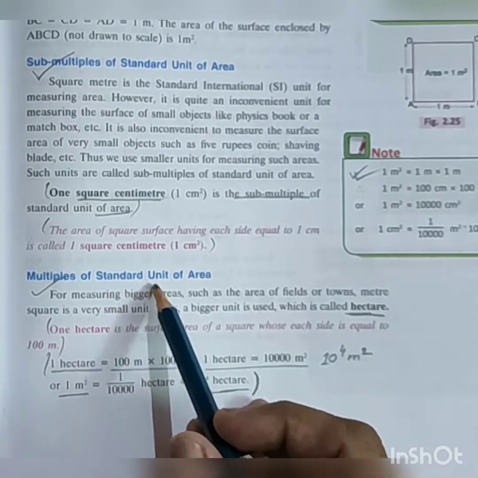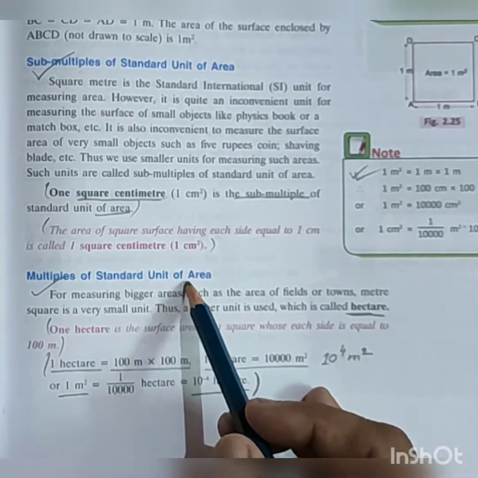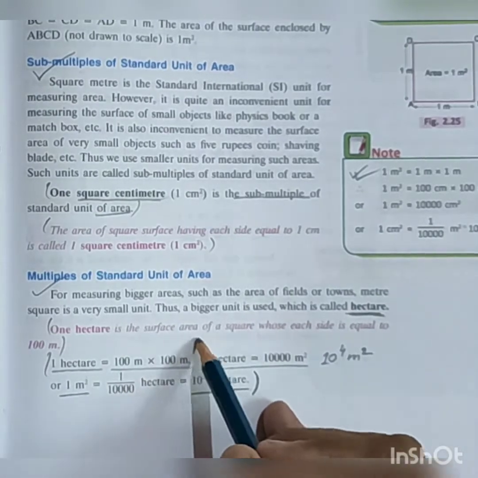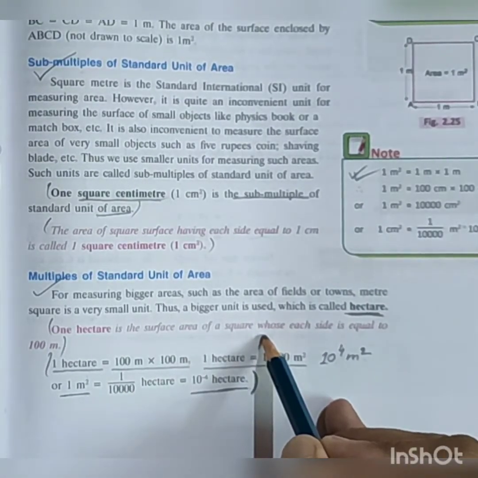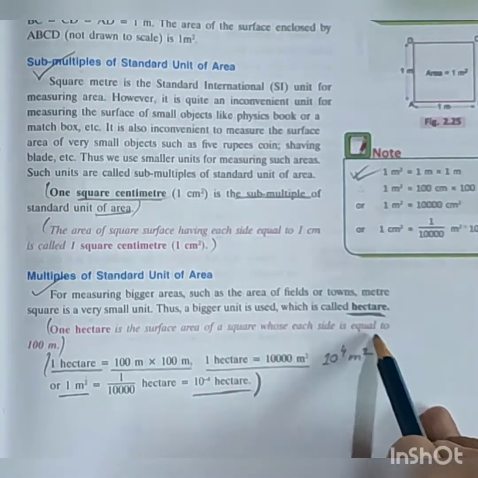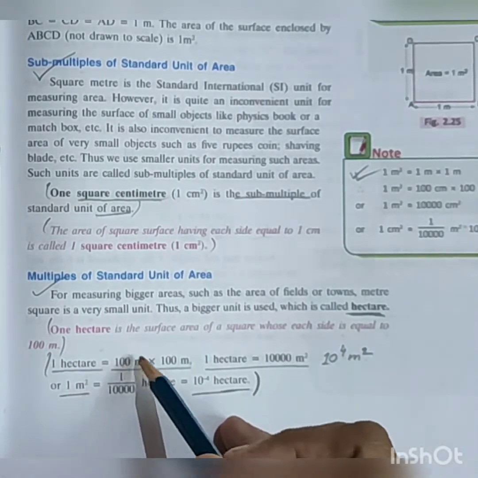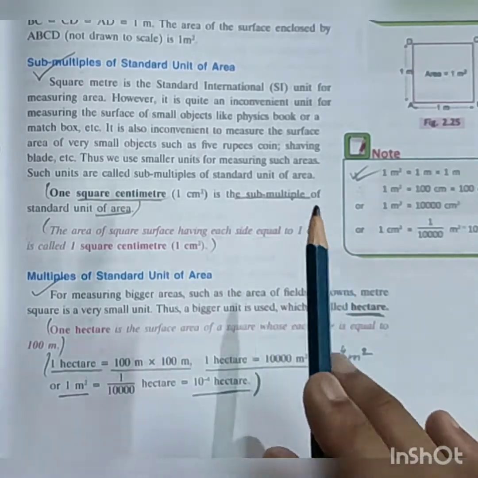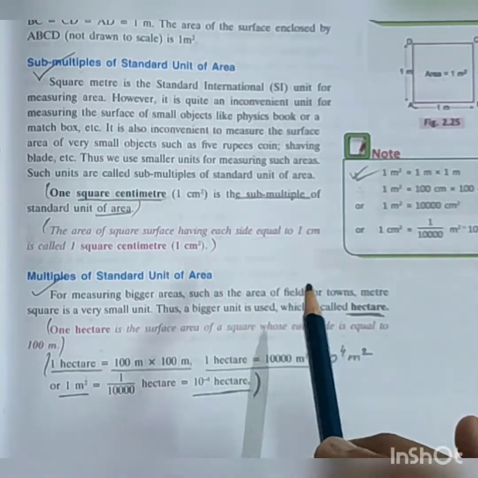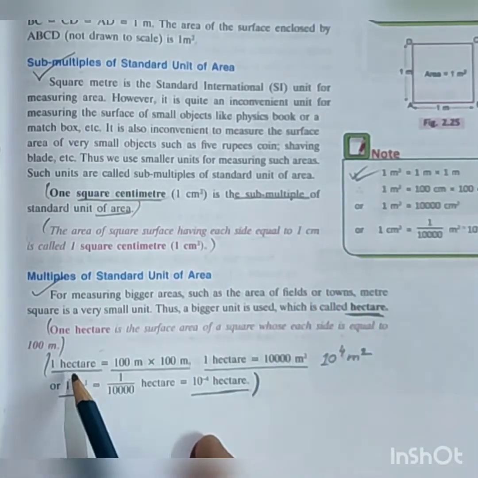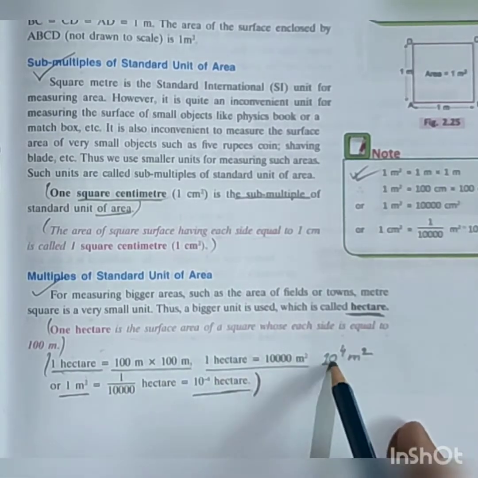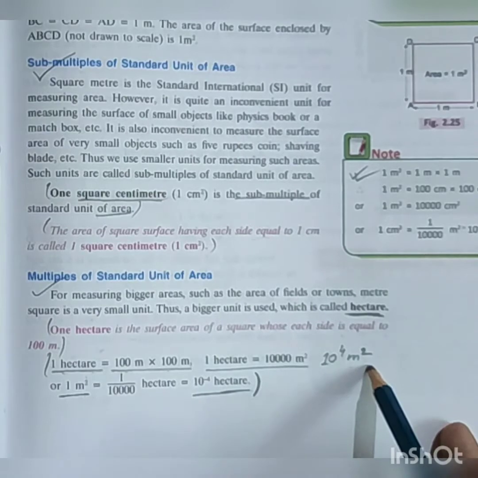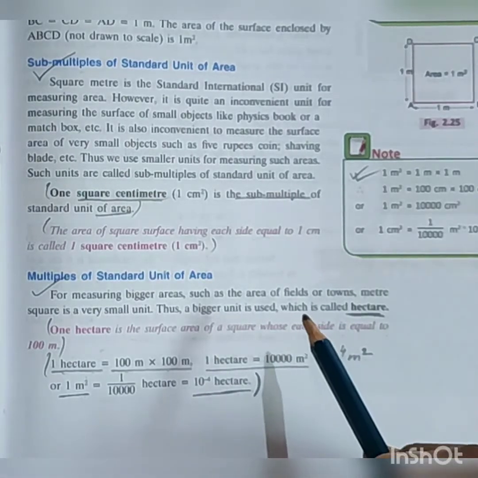So 1 hectare is the surface area of a square whose each side is 100 meter. Length into breadth, 100 into 100, so 4 zeros. So 10 to the power 4 meter square.